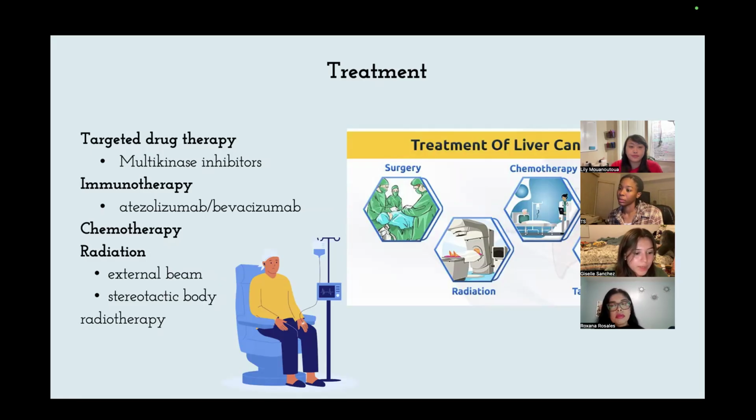And then chemotherapy is administered IV, and it rapidly kills cells that are rapidly growing. And then radiation, there's two different types. There's the external beam radiation, where you lie on a table and the machine directs energy beams at a precise area on the body, or the stereotactic body radiotherapy. There's a lot of beams all focusing on one area all at once.